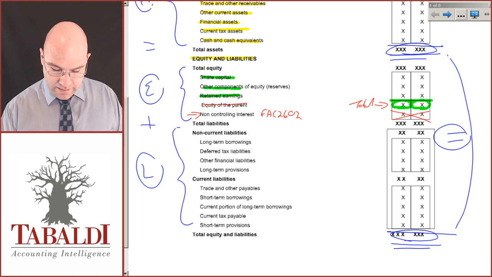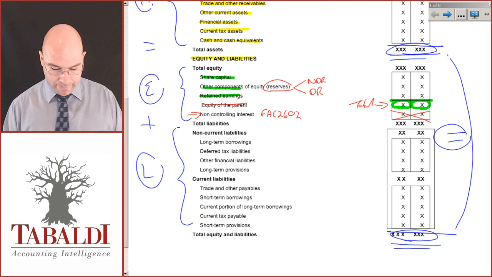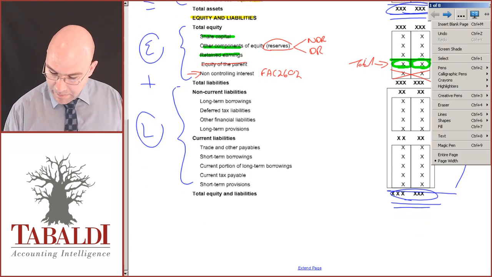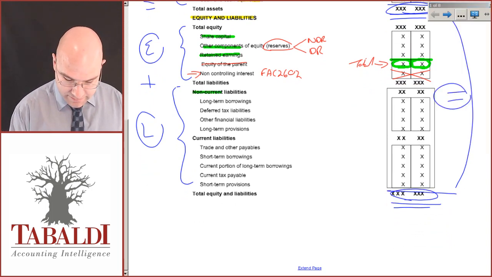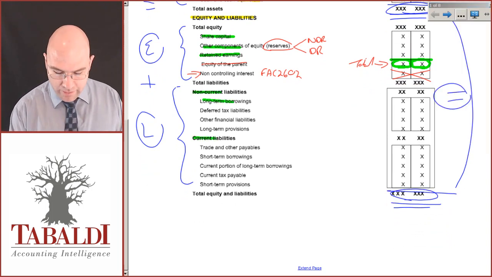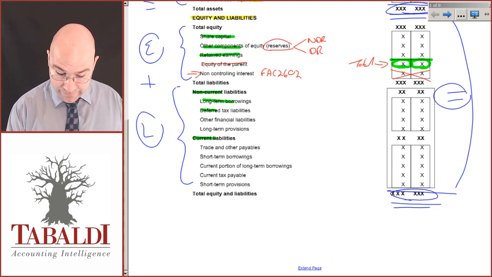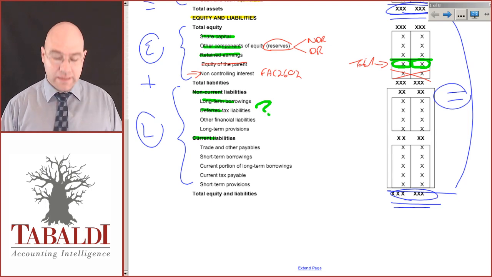Just remember that other components of equity, retained earnings, your reserves, I need to split between non-distributable reserves versus distributable reserves in the notes. Then total liabilities will be made up of non-current and current. You will have long-term borrowings, or sometimes we call this interest-bearing borrowings. If there's a deferred tax liability, again, not a definite that will be there.